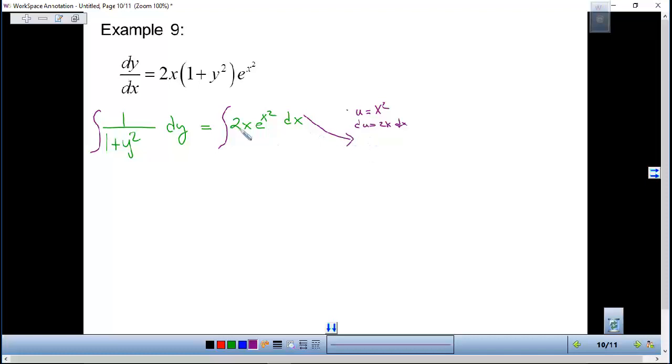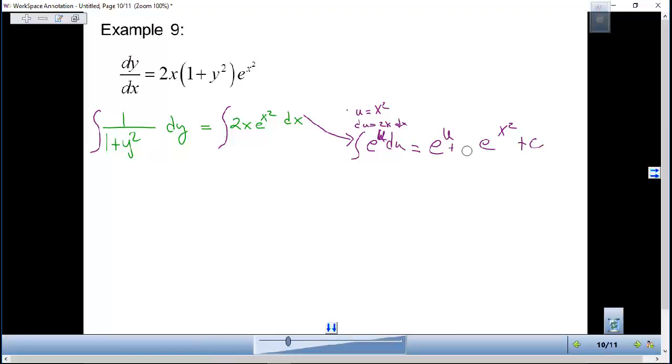The 2x dx goes away, so that becomes the du, and e to the x squared becomes e to the u. So that is nothing more than e to the u, which is e to the x squared plus c.